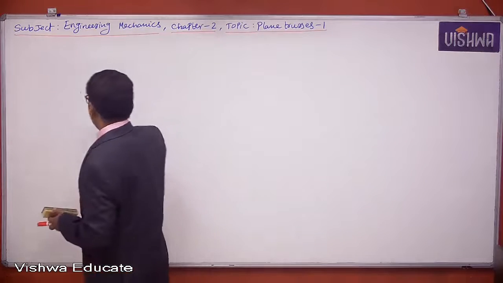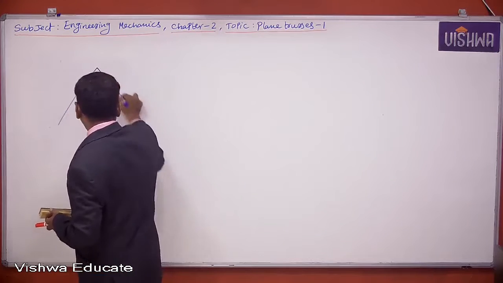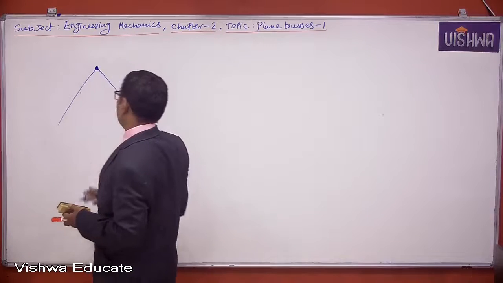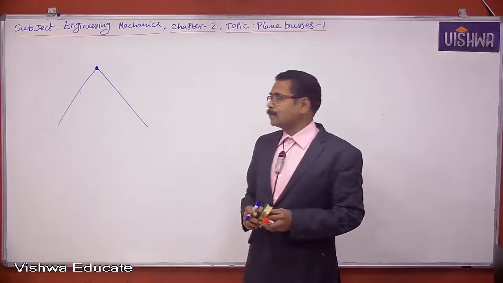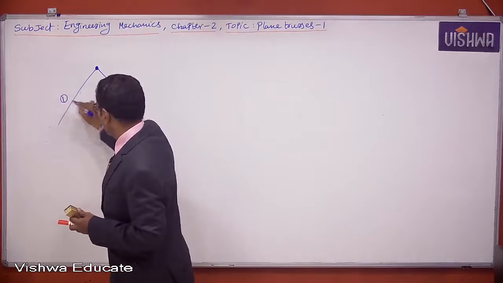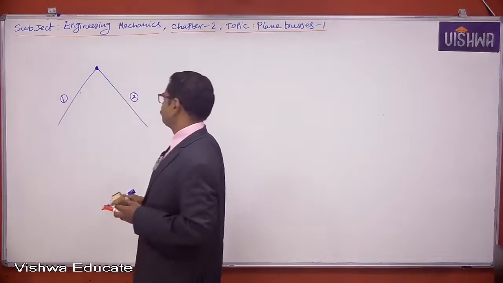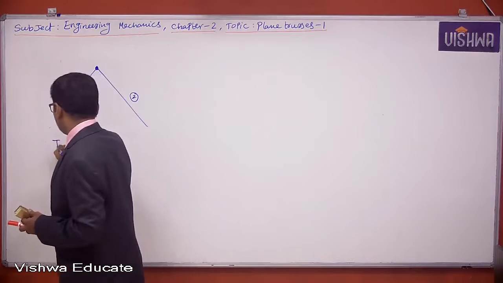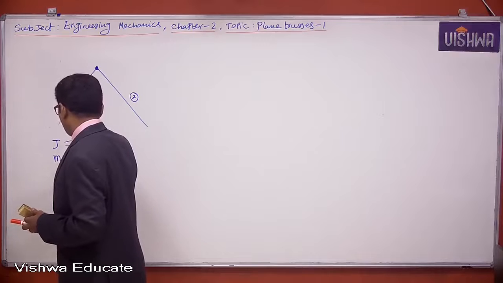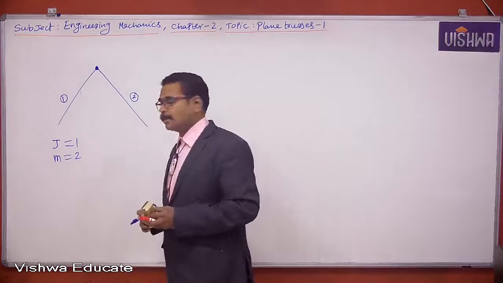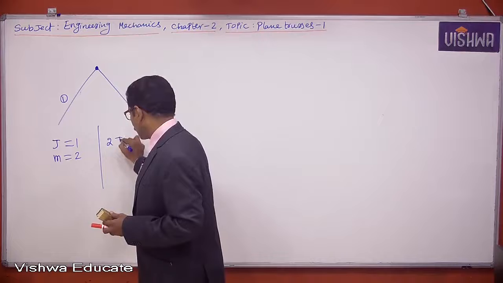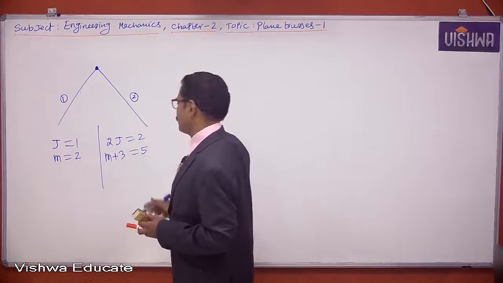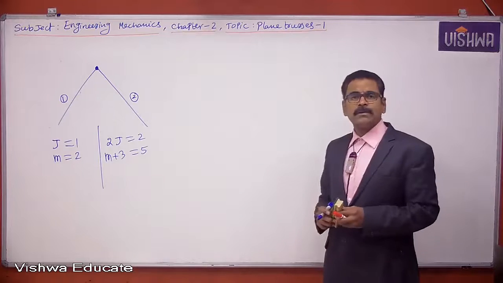Here I am taking two elements. These two elements are joined by a pin joint. This is the first element and this is the second element. Here J is equal to 1, M is equal to 2. Then 2J means 2, and M plus 3 means 5.